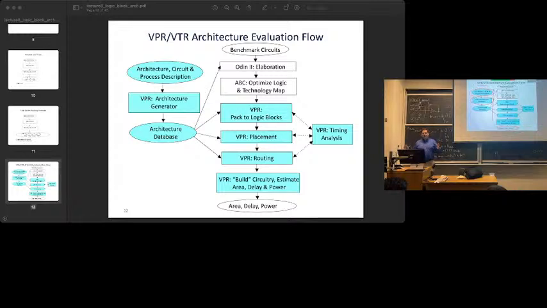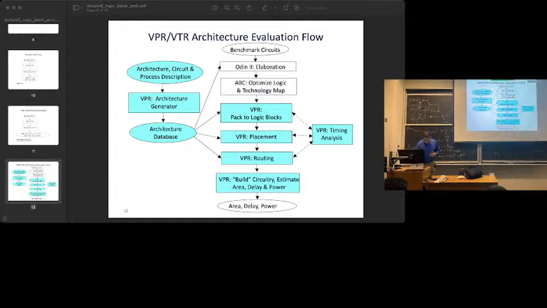For example, if there's a million blocks, it produces a map of where all those million blocks are. If there's 100 million wires and 500 million switches, it produces a graph with 100 million nodes and 500 million edges. This is a lot easier to specify than the really big data structures, so it builds those for you.